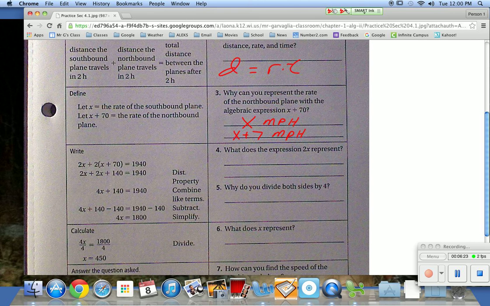What does the expression 2x represent? 2x plus 2 times x plus 70 equals 1940. What are we representing here? Remember the equation, rate times time. What's the 2 represent in this case?